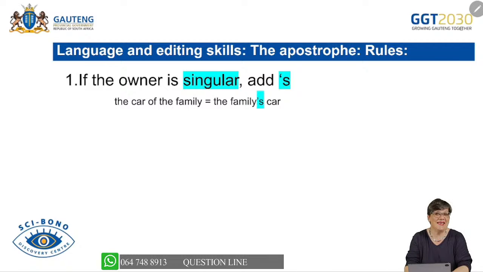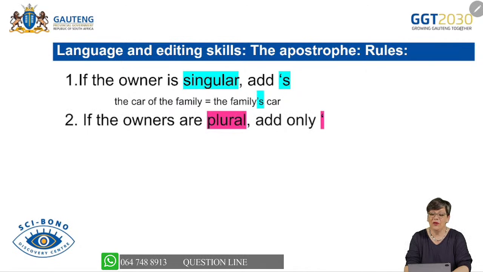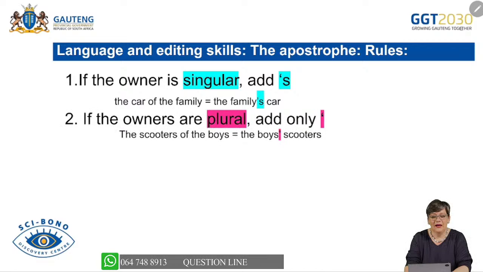Remember, family is here seen as singular. If your owners are plural, then we're only going to add the apostrophe. The scooters are the boys'. If I want to say the boys' scooters, can you see we've just added an apostrophe? Nothing else.